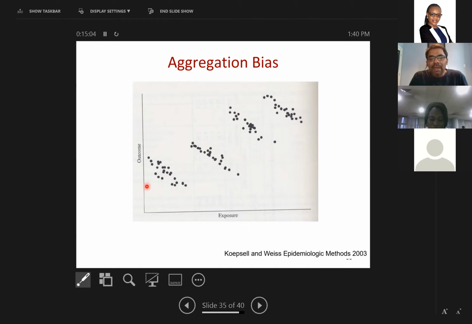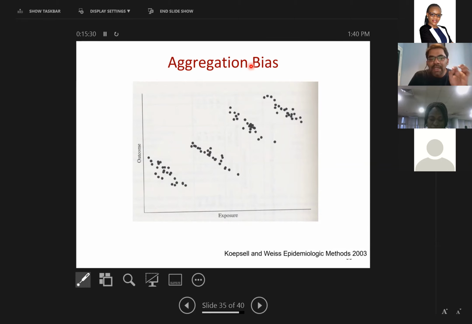So as smoking levels increase on this axis, let's say the COVID levels seem to be going down. This is country A, this is country B, this is country C, this is country D. So you see one consistent trajectory across 4 countries, that exposure and the outcome are negatively correlated. Okay, whatever the exposure is, whatever the outcome is.